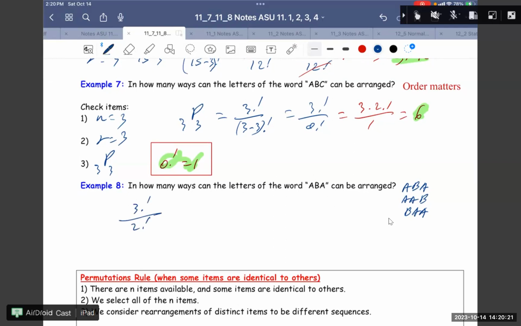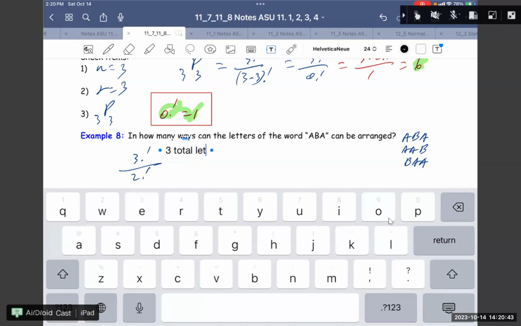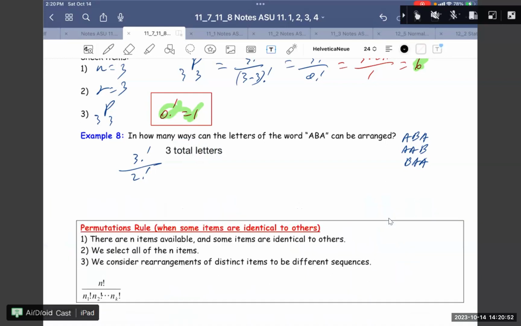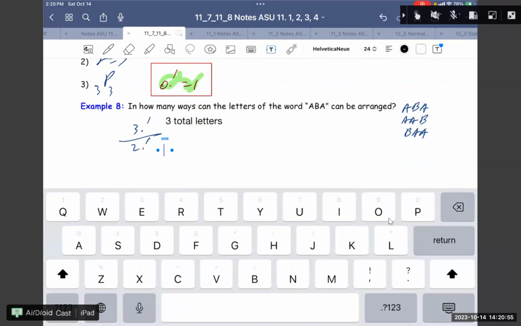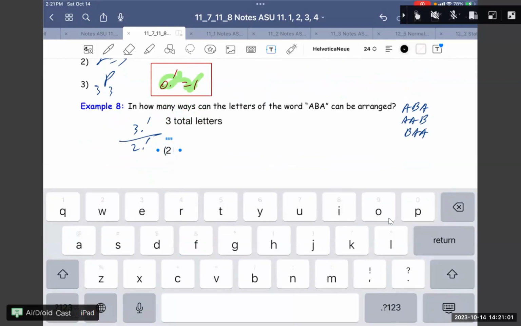So we have a total of 3 letters, right? And right here, what do we have? 2 A's.